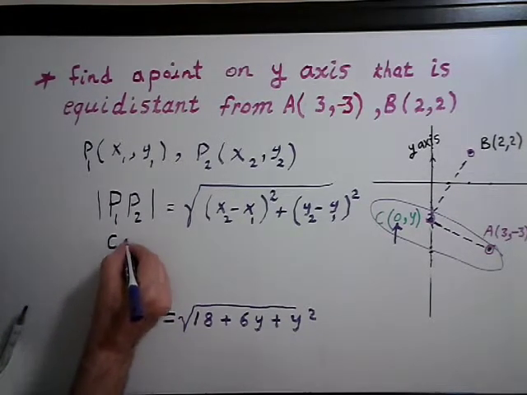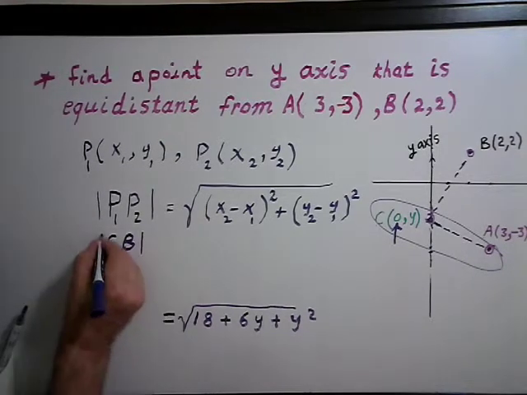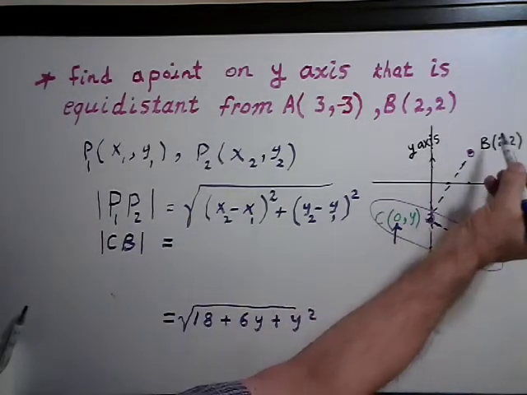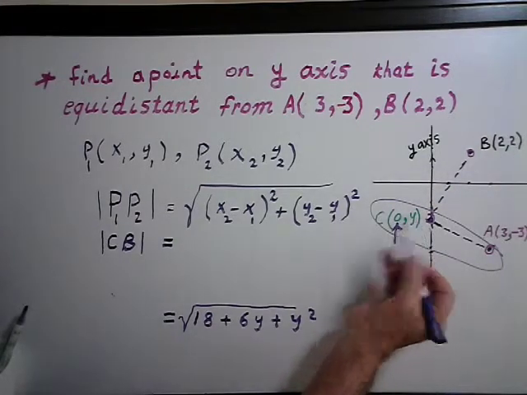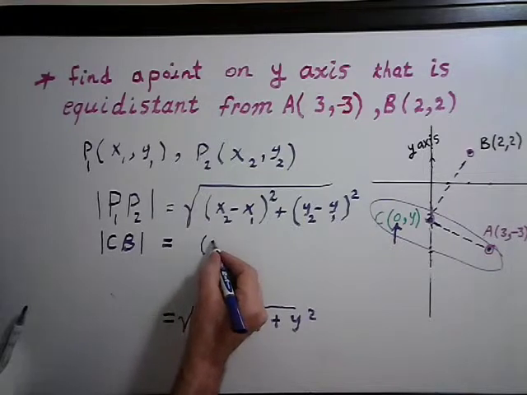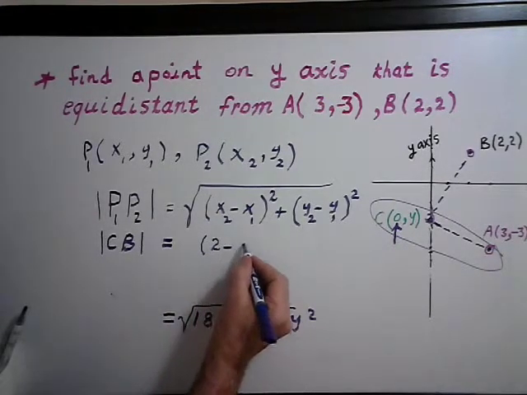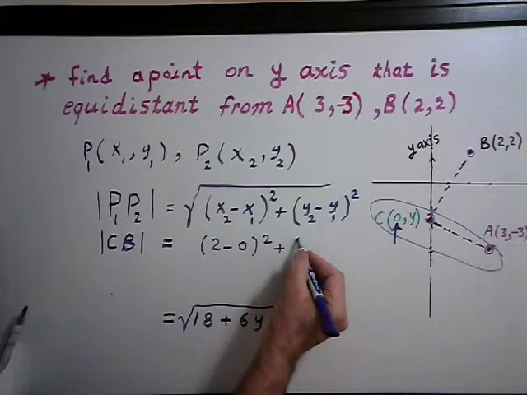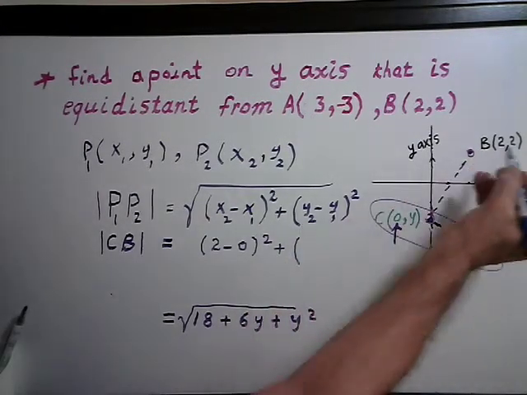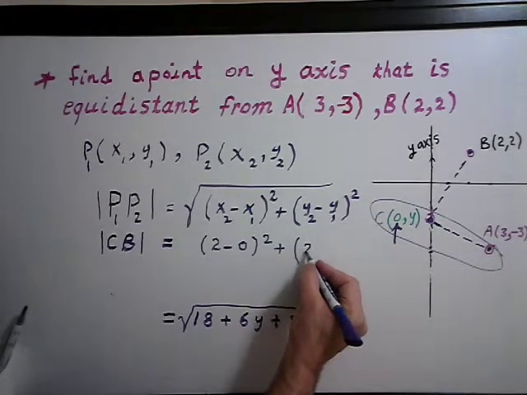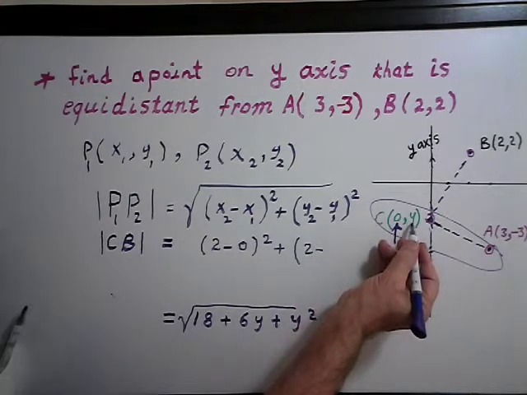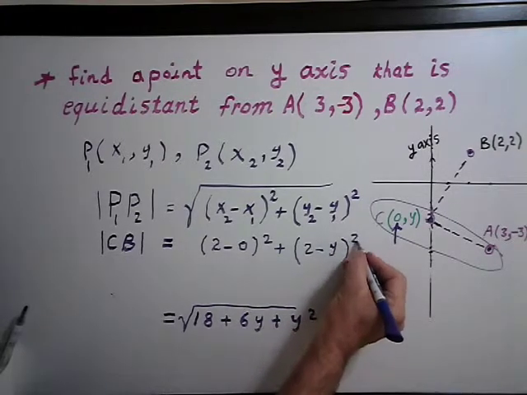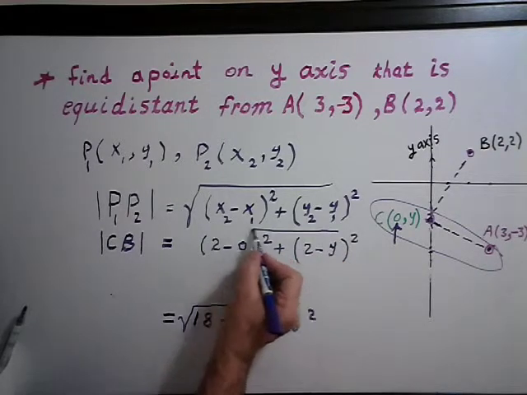The distance between C and B is the absolute value of CB, which is equal to, here considering x2, y2 and x1, y1, 2 minus 0 squared plus y2, also 2, minus y1, which is y, squared, and all under the square root.